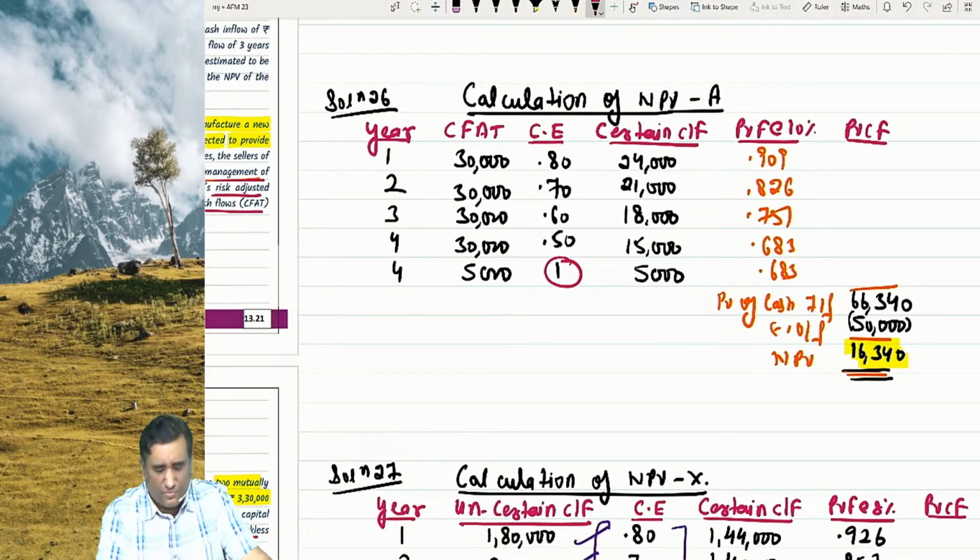And then you get certain cash flows using that factor, present value factor at the rate 10%, PVCF. Done.